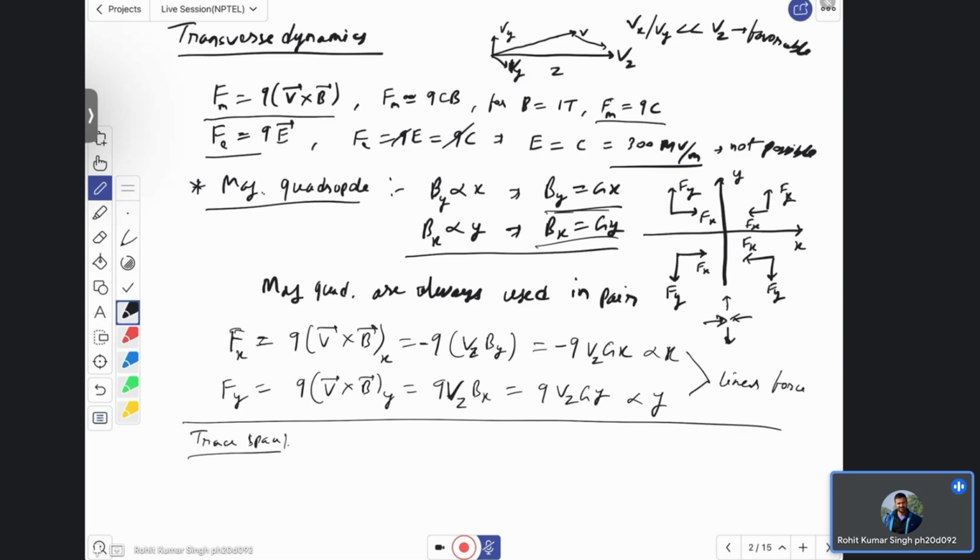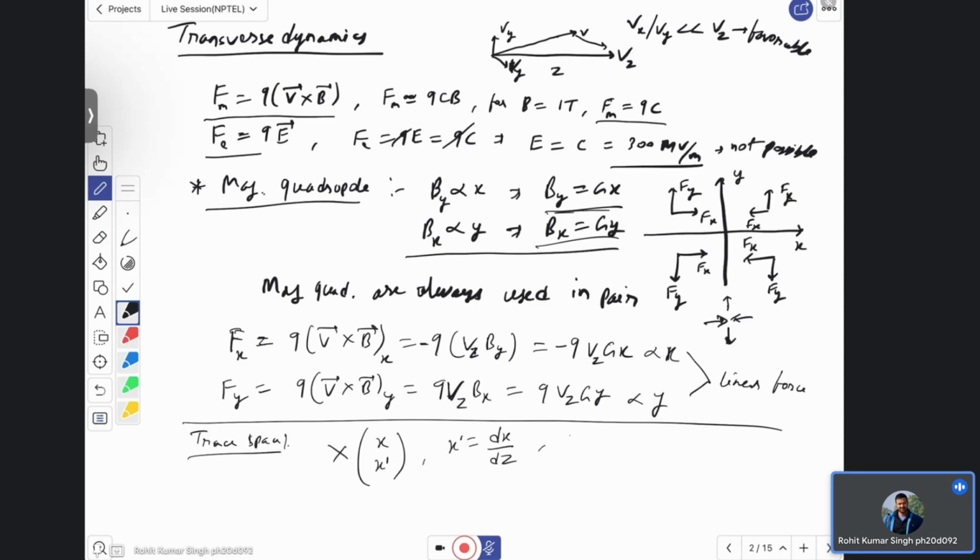Trace space is a proxy for phase space, and the coordinates of trace space are x and x prime, where x is the x coordinate, and x prime is the divergence of particles, which is dx by dz.